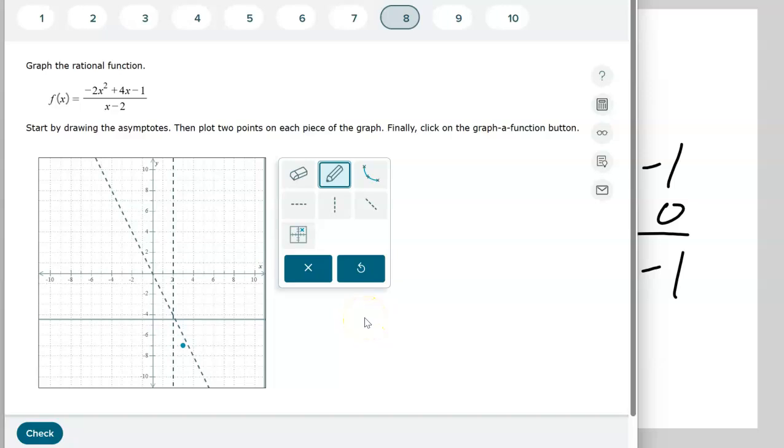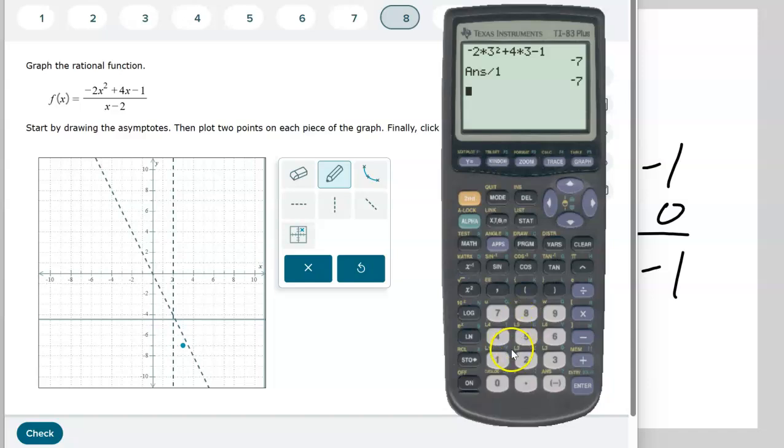And then if I put a 4 in for x, I have negative 2 times 4 squared plus 4 times 4 minus 1. That's going to give us a negative 17. And I'm going to divide that by 4 minus 2, which is 2, and I get negative 8.5.